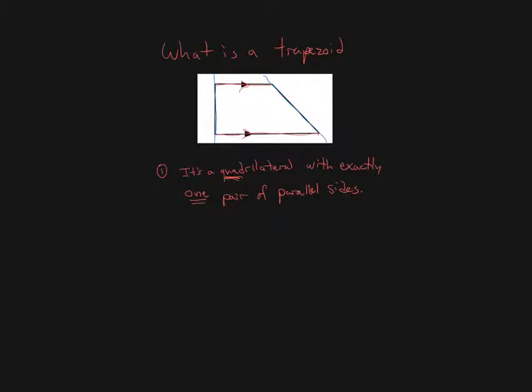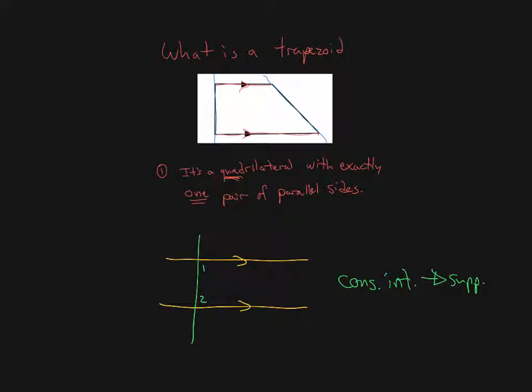Now, as we take a trip back to olden days where we had a parallel set of lines and a transversal, we knew that angles 1 and 2 were consecutive interior, and that meant that they were supplementary, and also angles 3 and 4 are also consecutive interior, making them supplementary. But not 1 and 3, just 1 and 2 and 3 and 4.